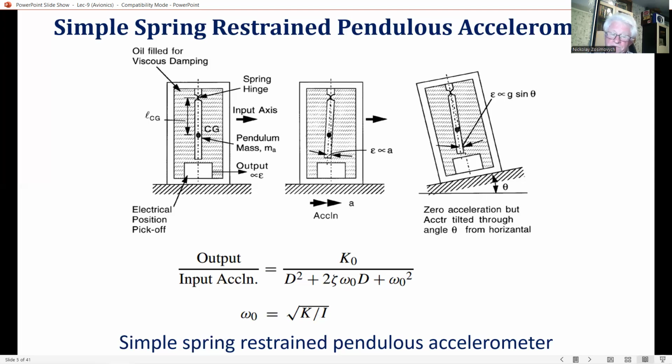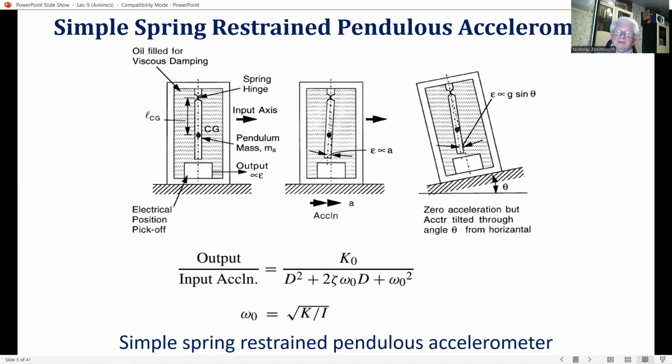The simple spring restrained accelerometer is used in applications where the accuracy requirements are not demanding, nearly 1 to 2 percent. The maximum angular deflection of the pendulum from the null position is limited to about plus or minus 2 degrees to minimize cross-coupling error.